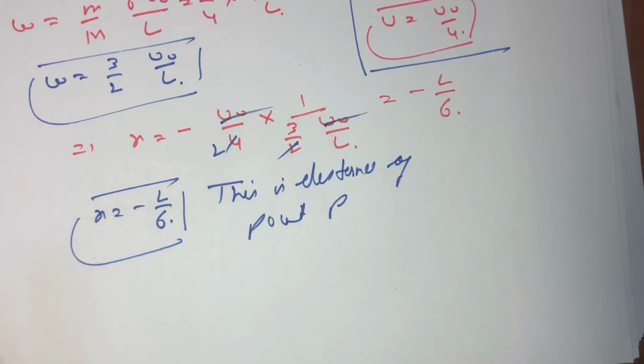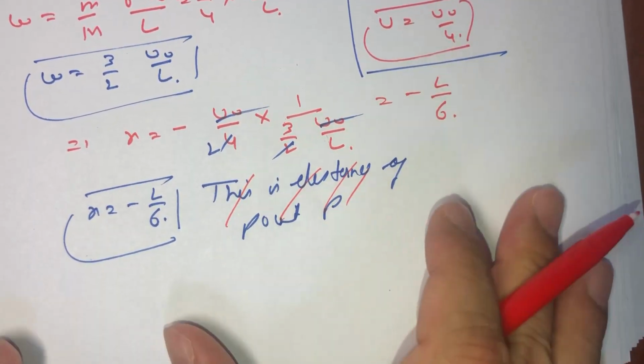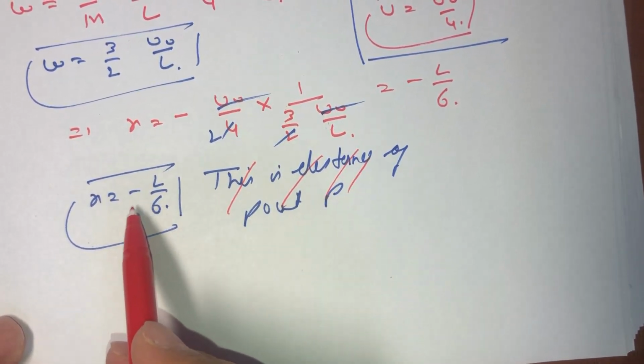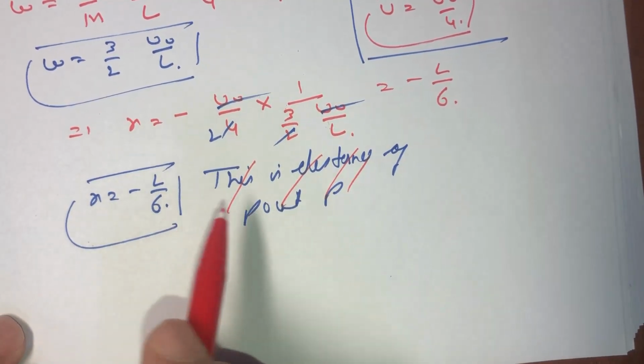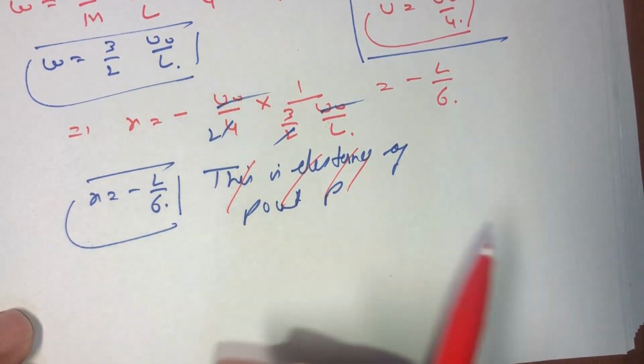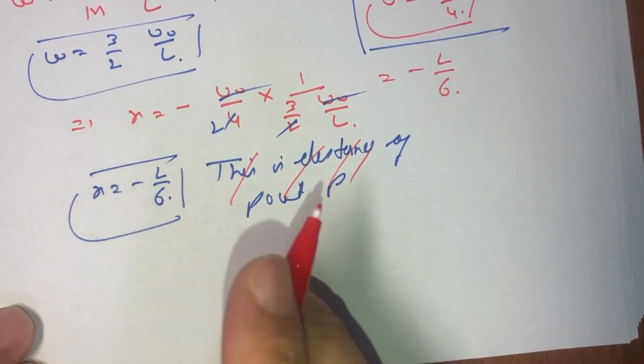Here the only difference is because of this negative sign. We can write that this negative sign presents that the point P is on the opposite side. So we are only interested in magnitude.